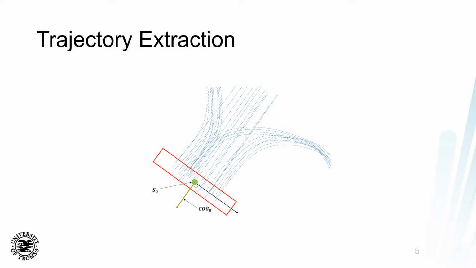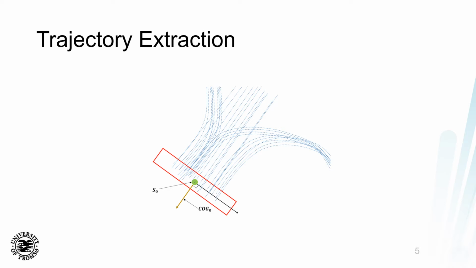So the first step is to identify relevant trajectories to identify potential anomalies. So what we initially do is to extract relevant trajectories from the historical AIS dataset. So based on a region of interest or the position of a vessel, as indicated here by this green dot, we identify a region of interest in this red box where other vessels that have been within this region with a similar speed and course over ground are identified.